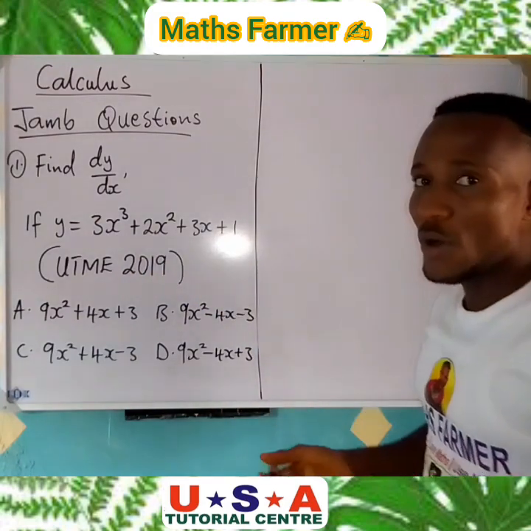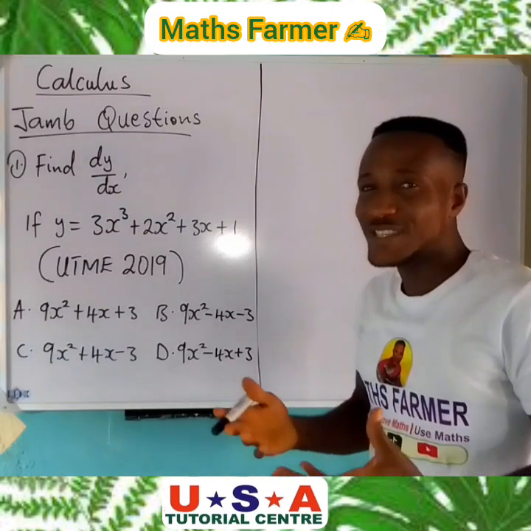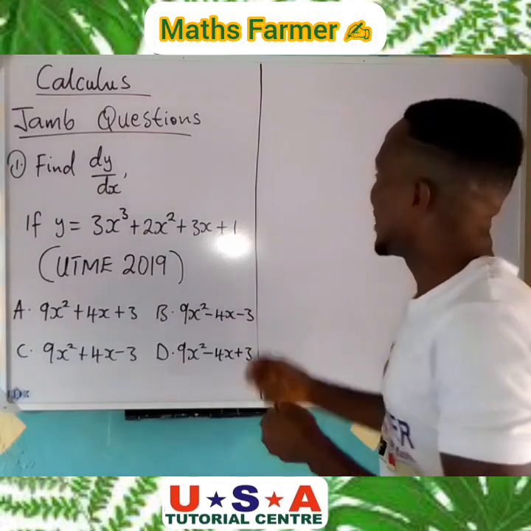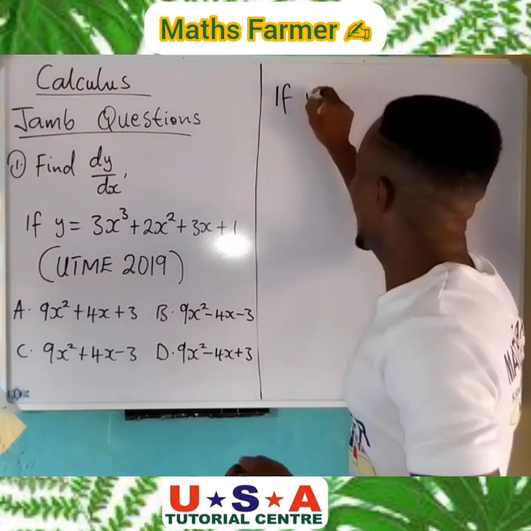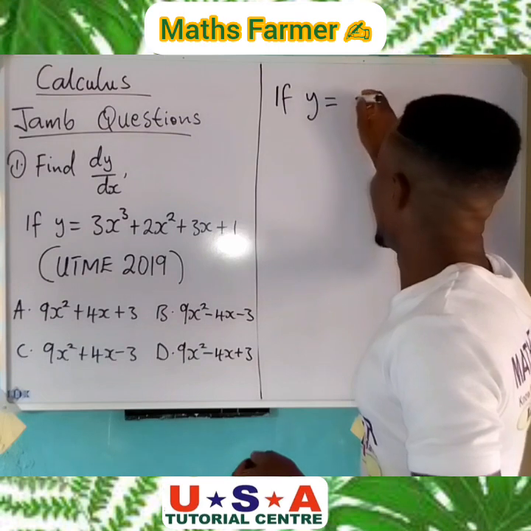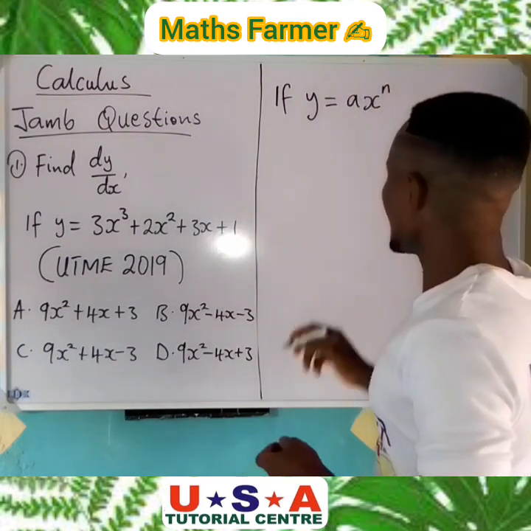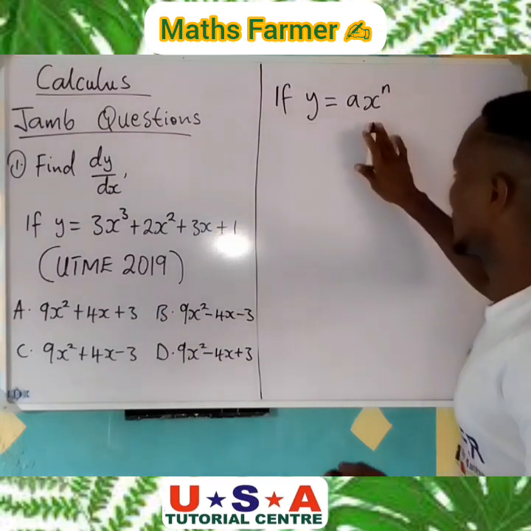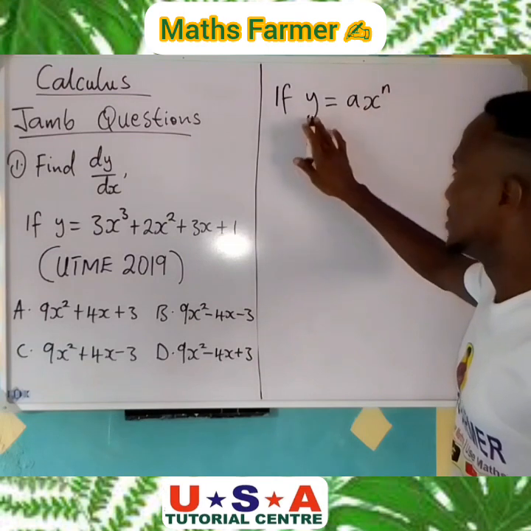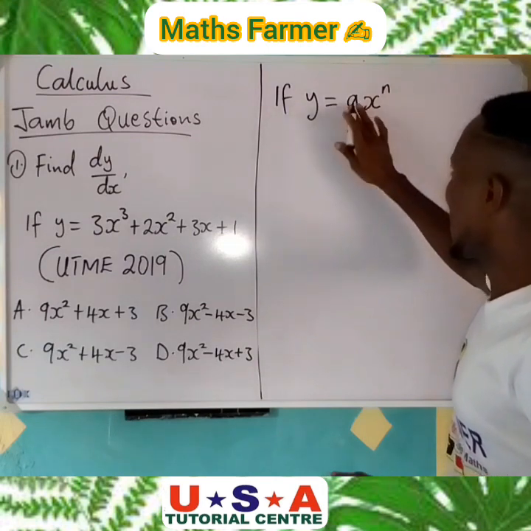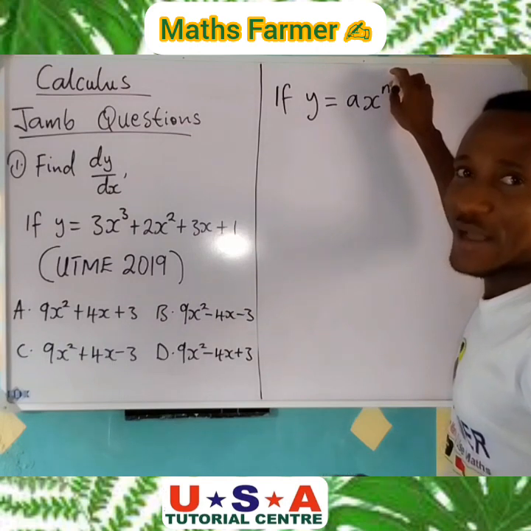So you recall, in my previous video, I gave you a general formula for differentiating an algebraic function. The formula said, if you have, for instance, y equals ax^n. Now, this is an algebraic function. Here, y and x are variables, dependent and independent. a and n are what?